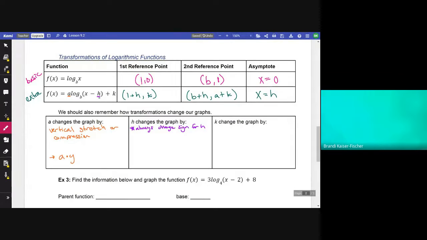And the type of movement, remember that if you're adding or subtracting a number to x, that's a left or right movement, or a shift. We call those shifts.